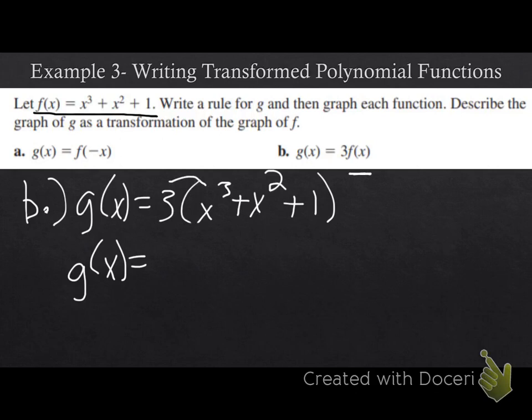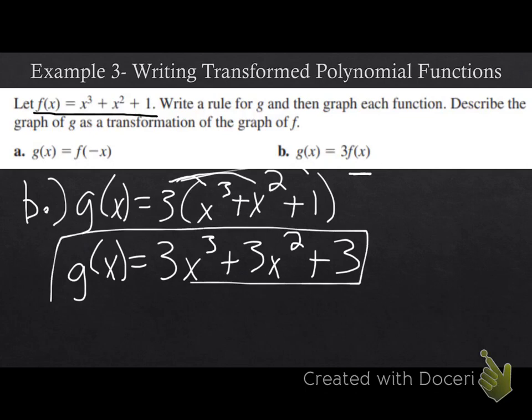My number 3 has to be multiplied by every term inside the parentheses. So what's 3 times x cubed? 3x cubed. 3 times x squared? 3x squared. And 3 times 1? 3. Can that be simplified any further? No. So here's my rule for g.